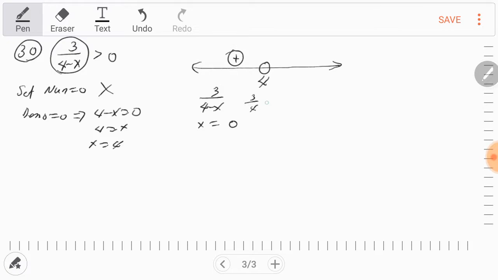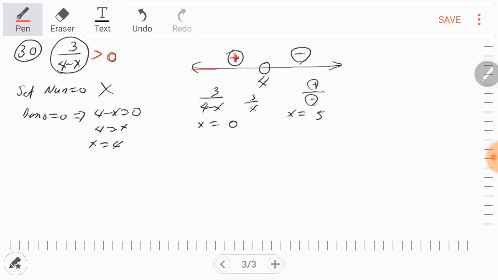For any number greater than 4, let's try 5. Then 3 is positive, 4 minus 5 is negative, so the result is negative. So for these two intervals, less than 4 and greater than 4, the expression is positive or negative. So what are we looking for? Greater than 0. So we are looking for the positive area, right?